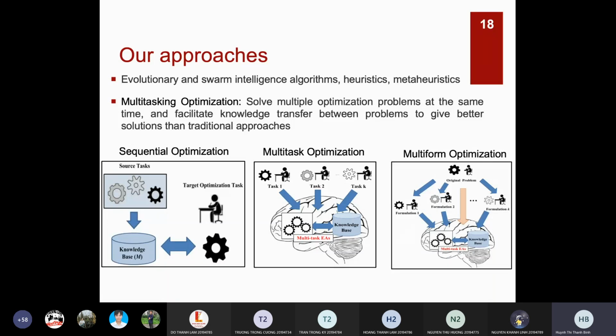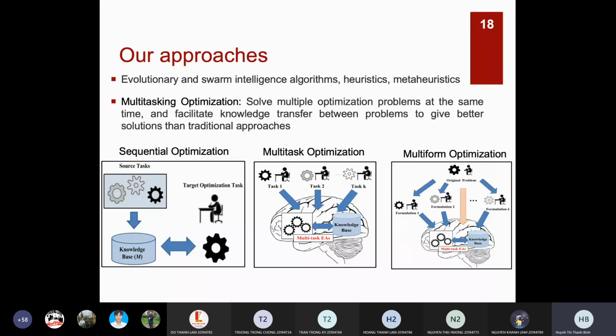In multitasking optimization problem, you will solve multiple optimization problems at the same time, and facilitate knowledge transfer between problems, and give better solutions than the traditional approach. For example, in sequential optimization, you will solve one task after another, but in multitask optimization, you have to solve several tasks at the same time.